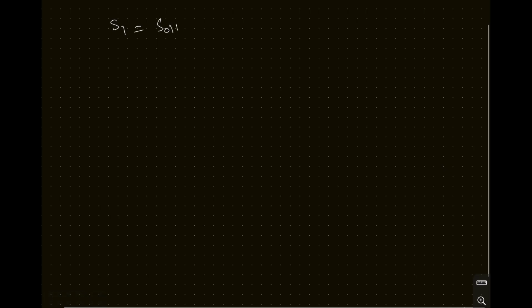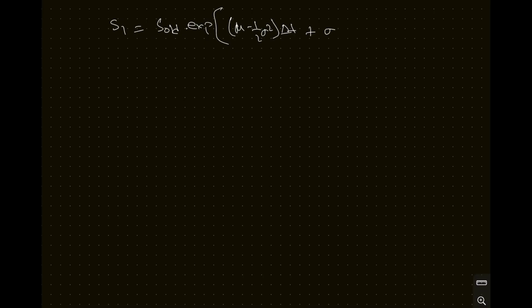Now if we put it all together, S1 would be S old times e to the power of mu minus half sigma squared delta t plus sigma root delta t epsilon 1.